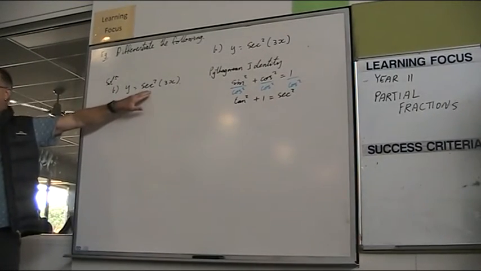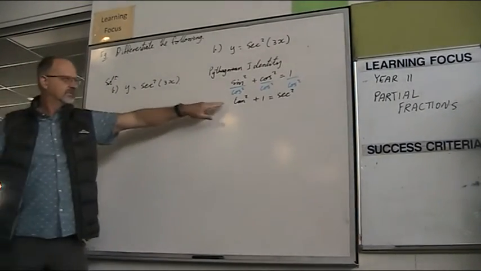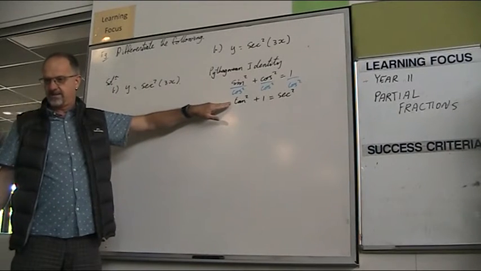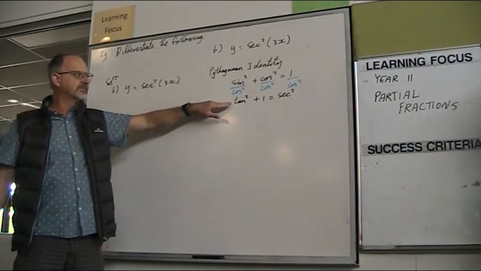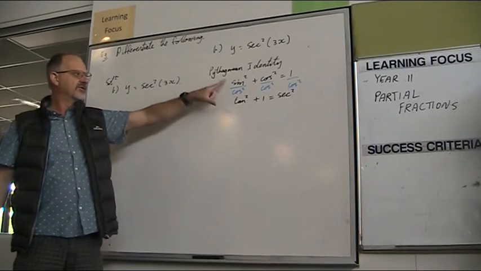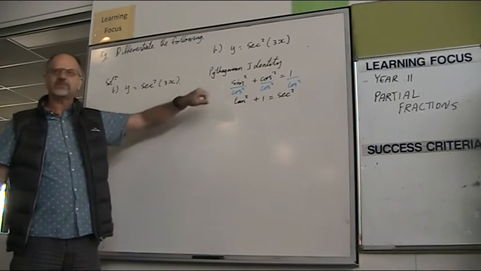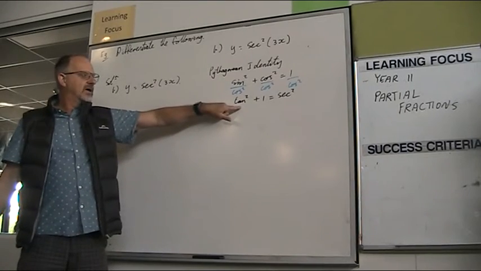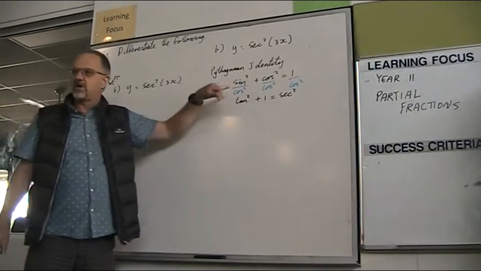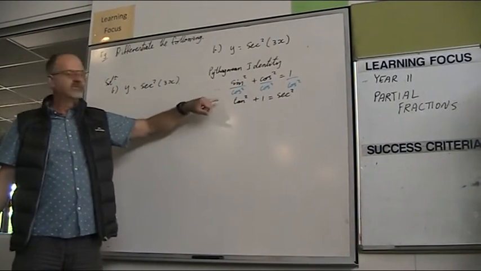So this here I'm going to rewrite using this from the Pythagorean identity. There's also another version of it, but it's the one we're using. If you divide by sine squared, you get another variation.